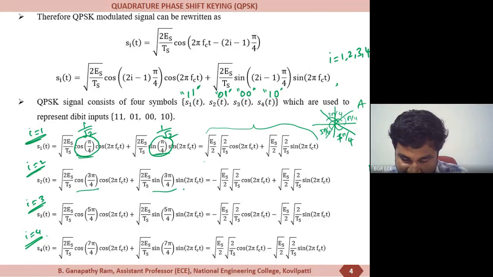Hence, for 3 pi by 4, cos is having a negative value of minus 1 by root 2, and sine will have the positive value, so plus square root of ES by 2.